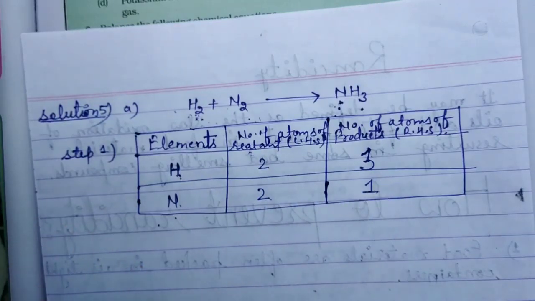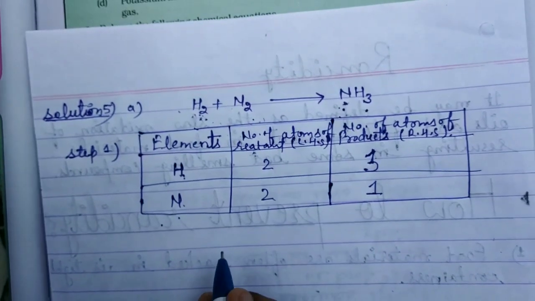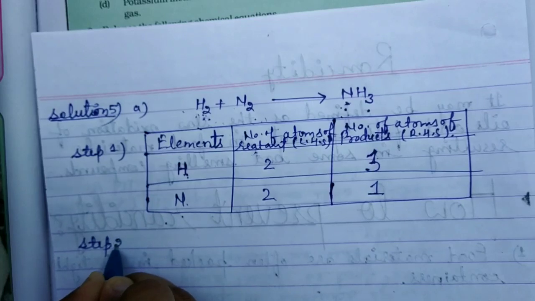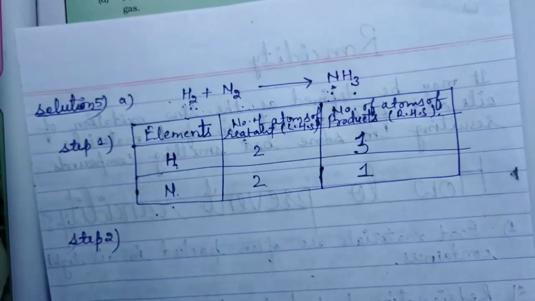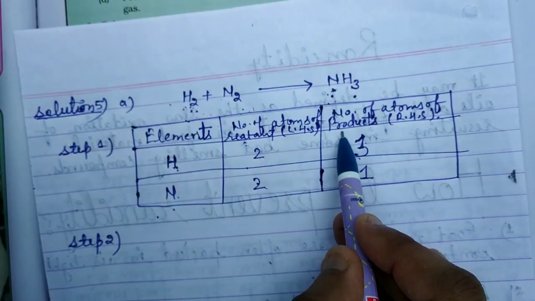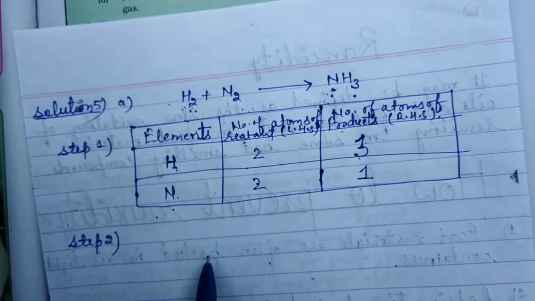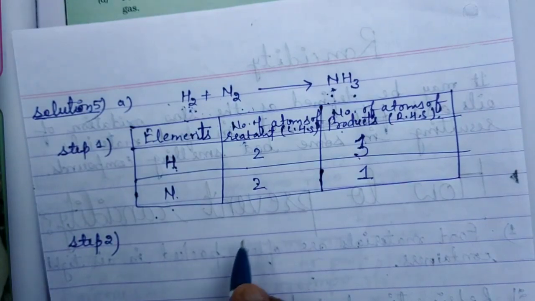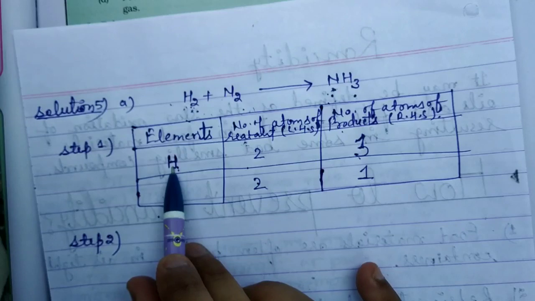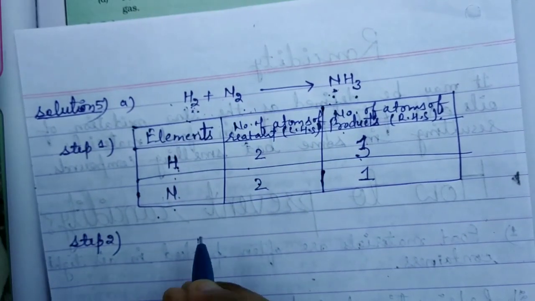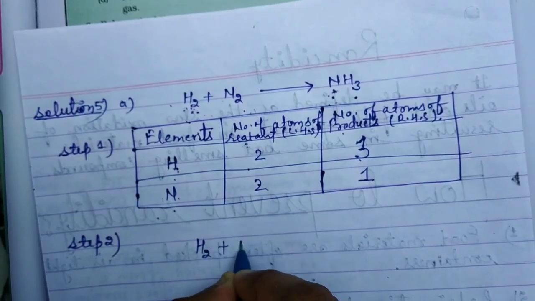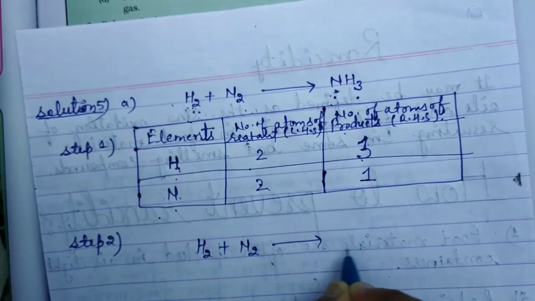ओके, सो further we will follow here step number 2 for making the number of atoms of the element in reactant and product equal. So in the second step, in order to equate the number of hydrogen atoms on both sides, H2 plus N2 gives NH3.